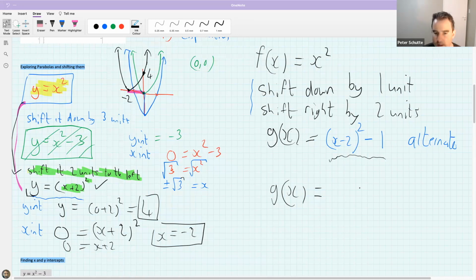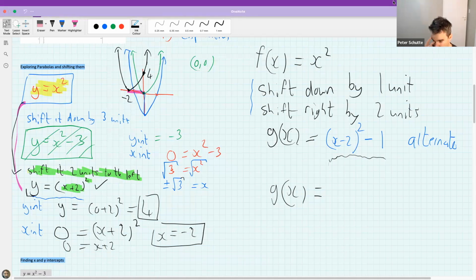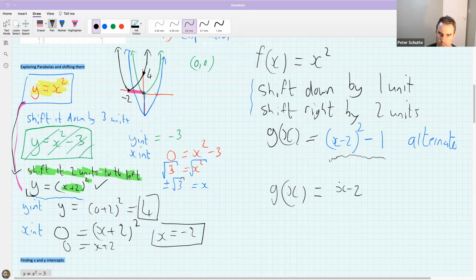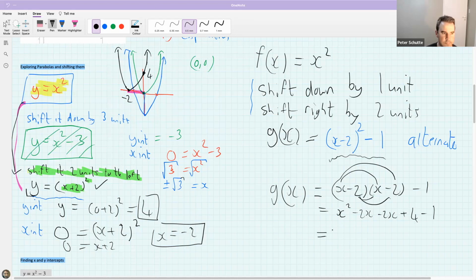I want you to find me the same graph, but just in its standard form. What's this going to be?